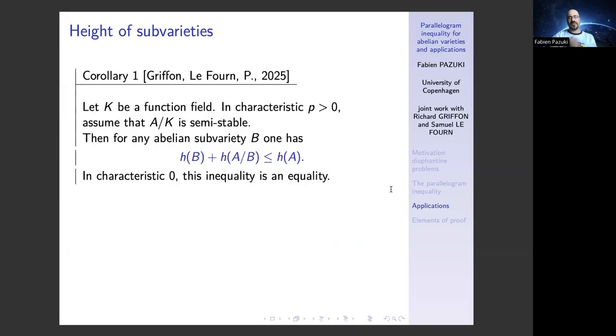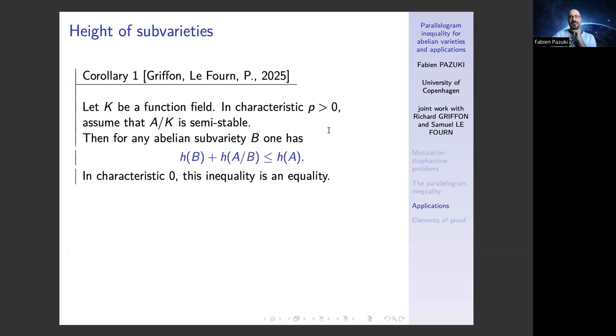So first corollary we have, and in fact it's very close to the corollary of Rémond. So we follow his proof on that one. Is the following. So K is a function field, but it could also be a number field. In that case, you have to change the name over there. Characteristic P.